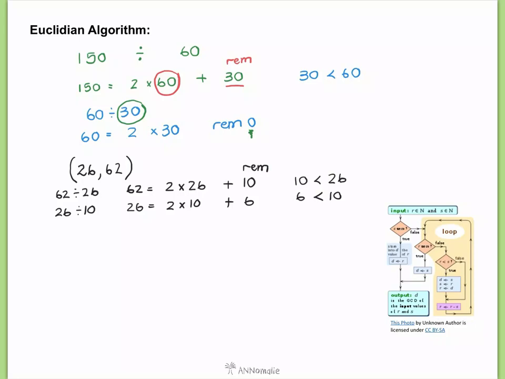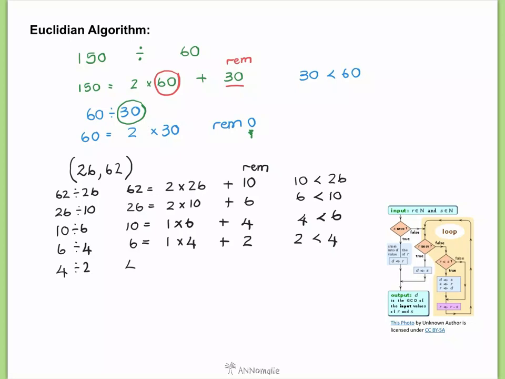We start the process again. 10 divided by 6 is a remainder of 4. 4 is less than 6. 6 divided by 4, that will then be 6 is 1 times 4 plus a remainder of 2. 2 is less than 4. 4 divided by 2 will finally result in a remainder of 0.